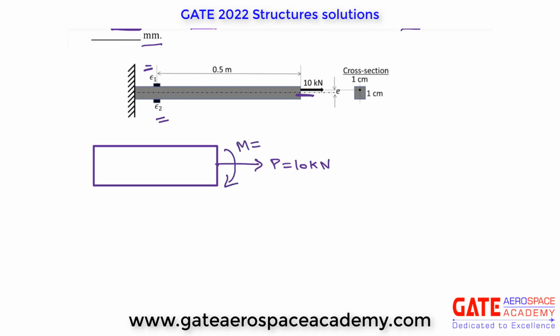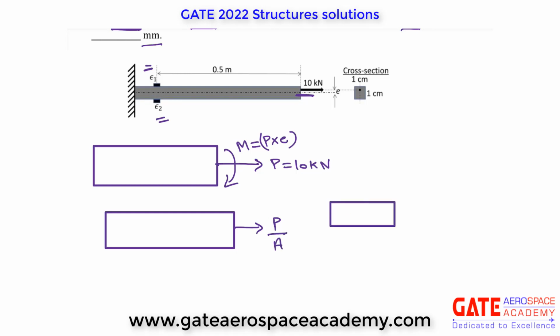M is equal to P into E, 10 kilonewton into E. Now stress on any fiber will be due to two things. One, normal stress due to axial load, and second, bending stress due to the moment M, right? So for normal stress, that will be P by A.